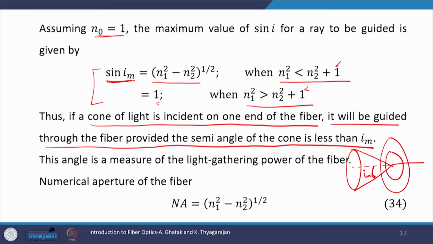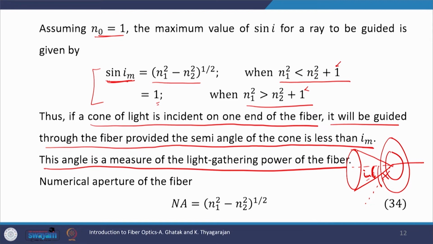The light will be guided if this half of the cone angle is less than Im, and if the angle of incidence is larger than this value, then it would not get guided. This would not lead to total internal reflection within the fiber at the core cladding interface. Therefore, this angle is a measure of the light gathering power of the fiber.